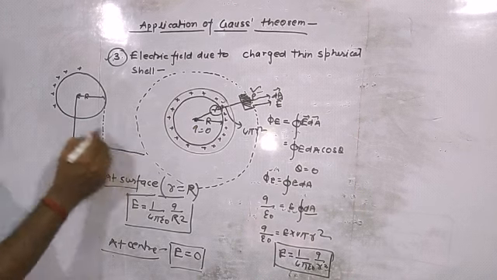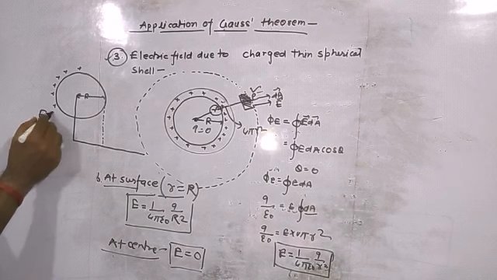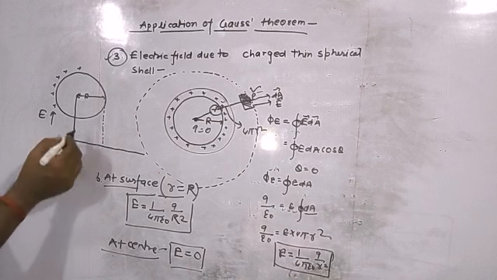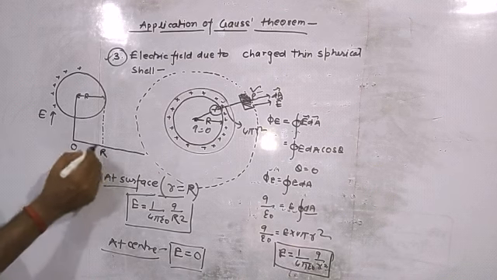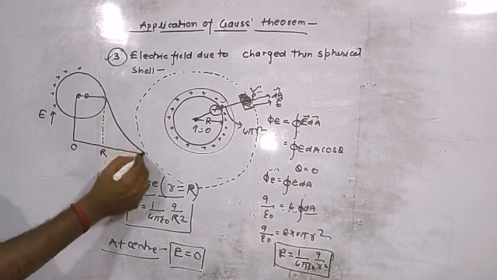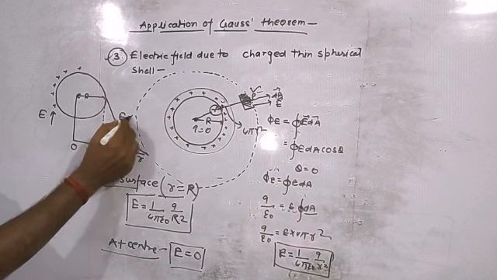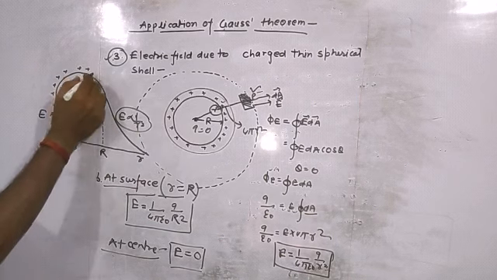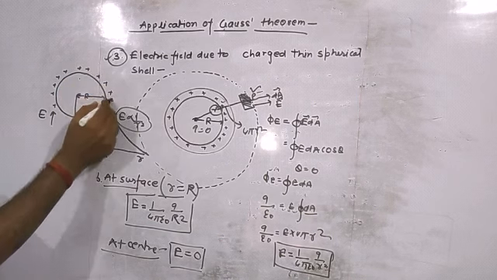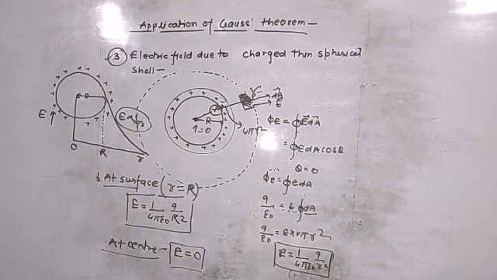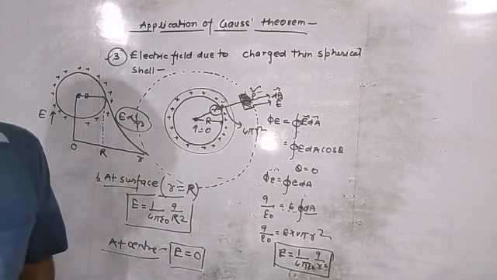So the variation of electric field with distance: at the center the electric field is 0, and beyond distance r it varies as 1 by r square. Sometimes a graphical question comes in which we have to show the variation of electric field along with the distance. So these are the topics that I taught today to all of you.